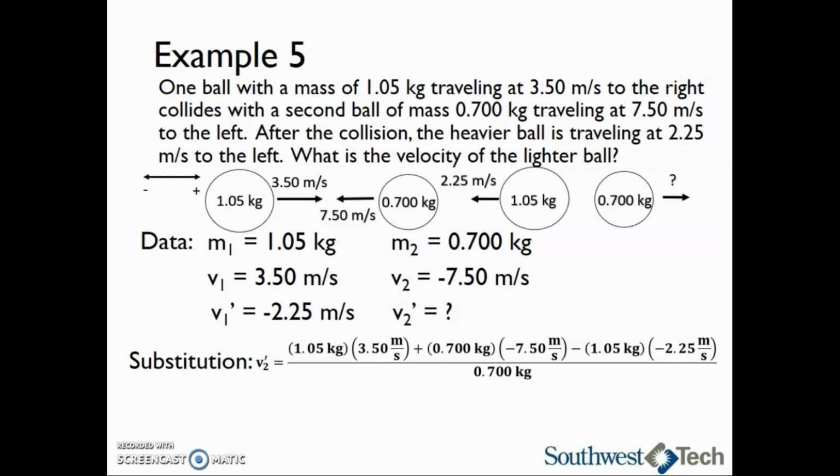When you add the three terms in the numerator together after multiplication, the first term will be positive, the second term will be negative, and the third term will be positive. Assuming everything is entered into your calculator correctly, you should get a velocity of 1.13 meters per second. Since this number is positive, that means it is traveling at 1.13 meters per second to the right, since right is positive. This concludes our discussion on elastic collisions.